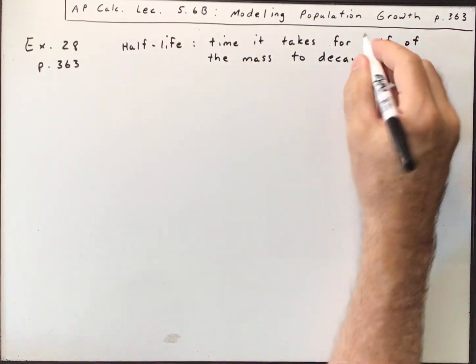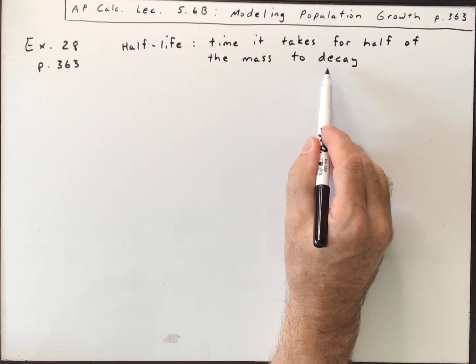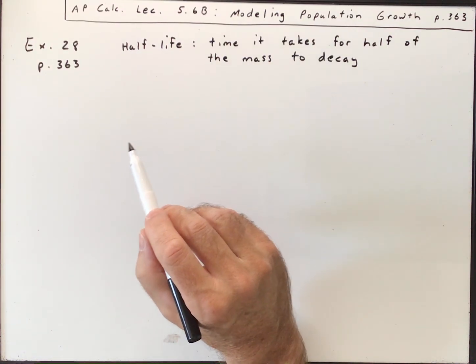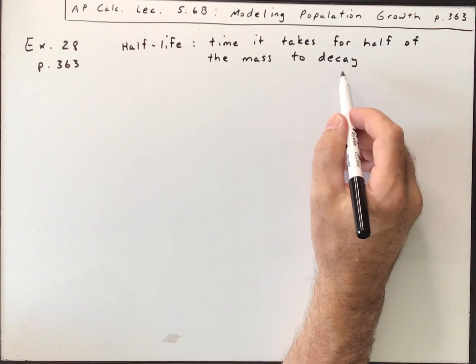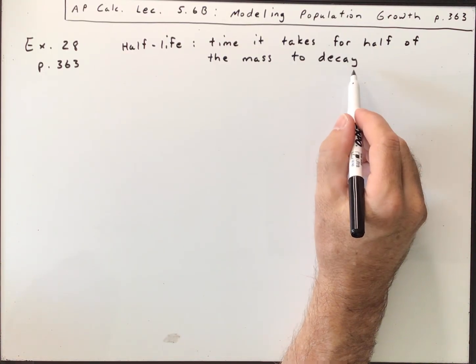A radioactive mass is going to eject its mass into the atmosphere. So for half the mass to decay, you can think of it as just going away.